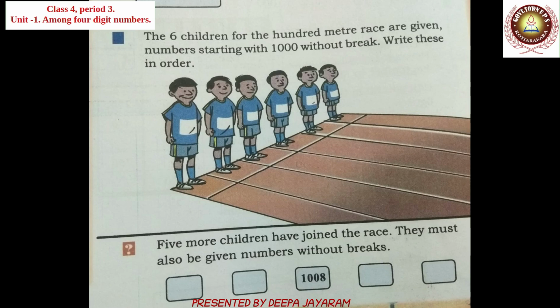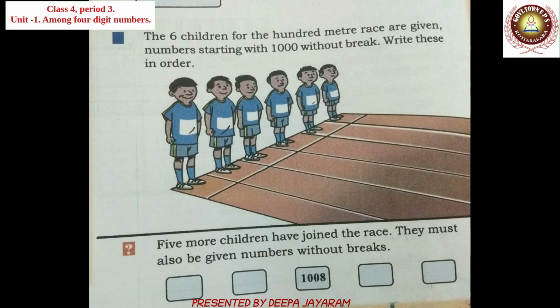Then you are given another activity after that. 5 more children have joined the race. They must also be given numbers without breaks. After 1005, 5 members have also joined, total 11.